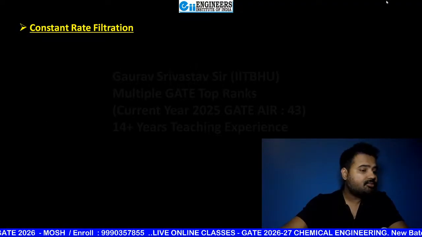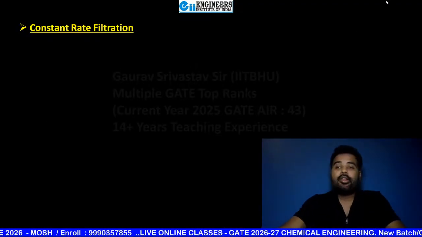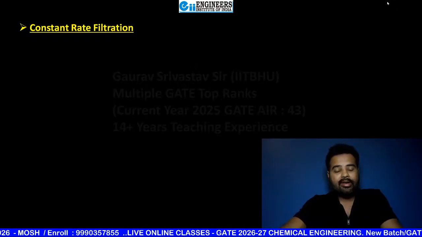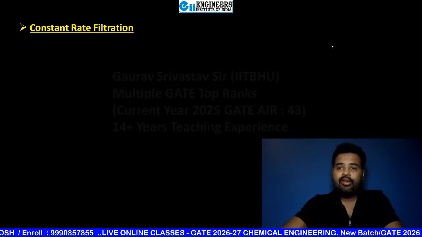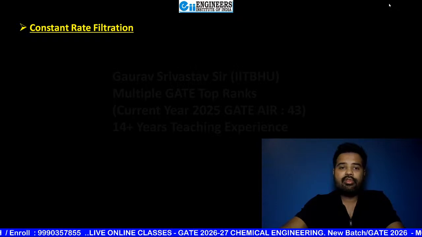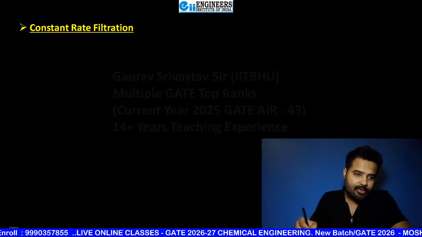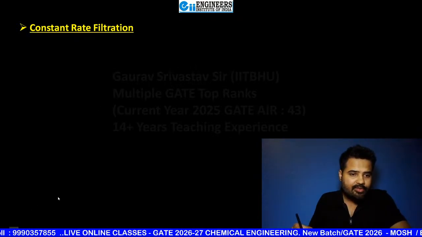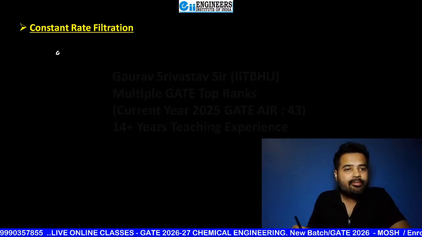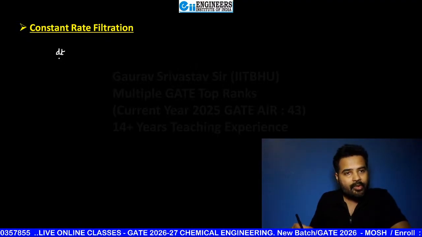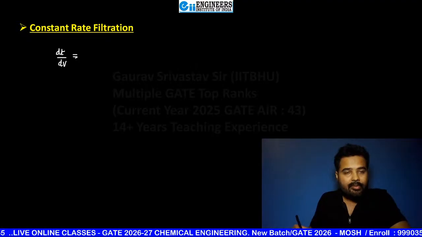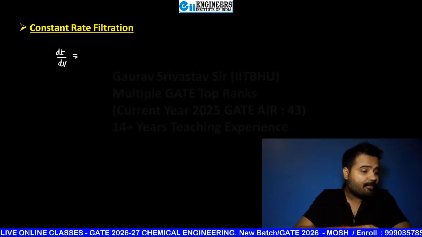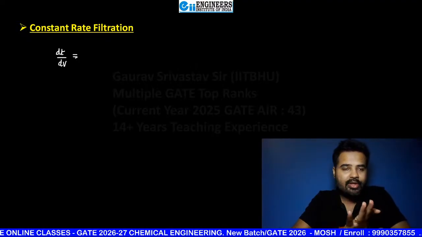Okay, crystal clear sir. Okay, so first we have to write that equation, dt by dv is equal to alpha mu c v upon A square delta p. That was the basic filtration equation, dt by dv. Please everyone write this equation, don't look here.